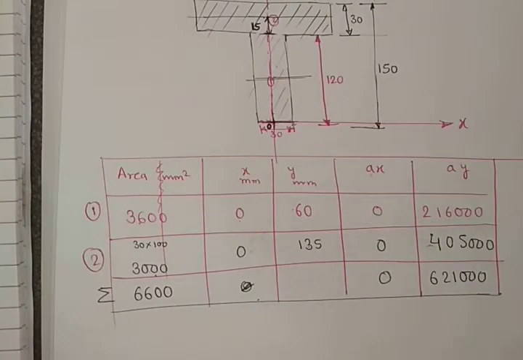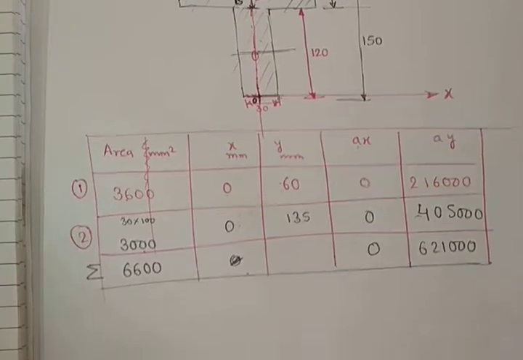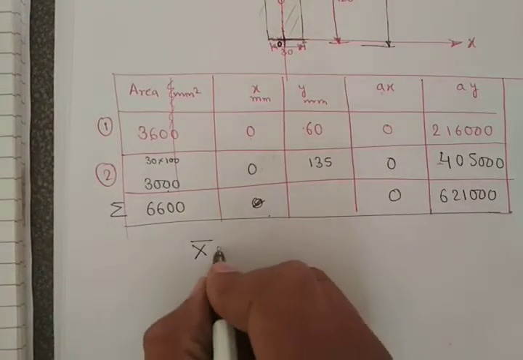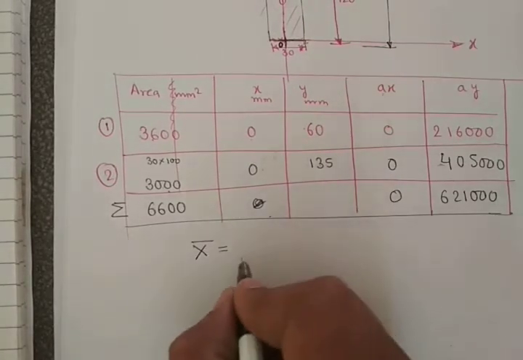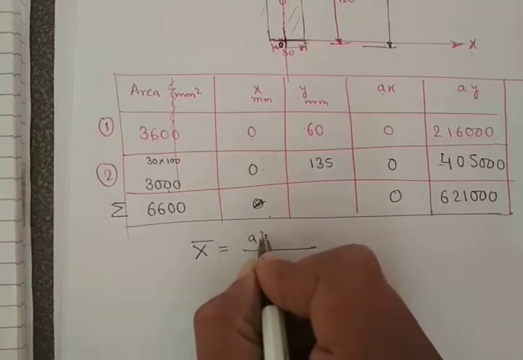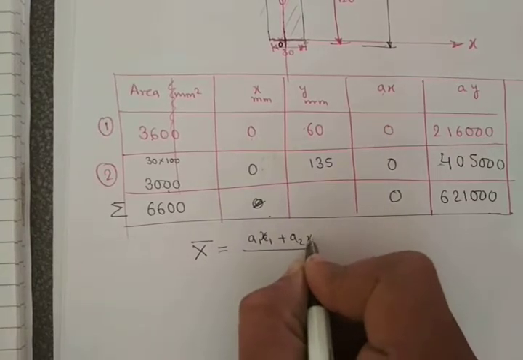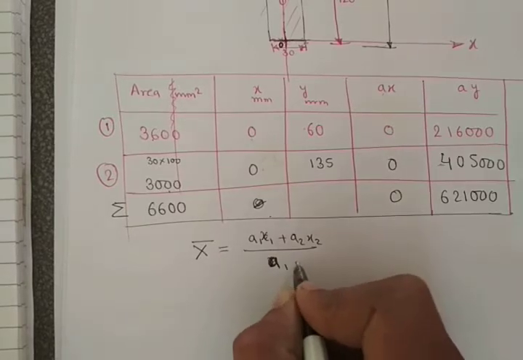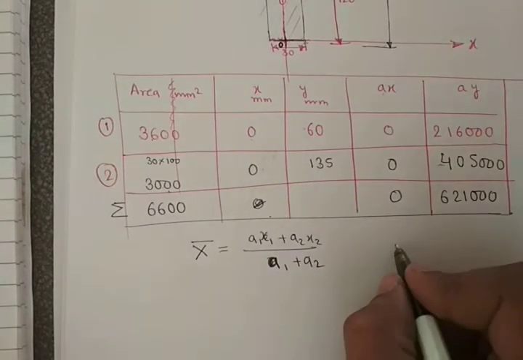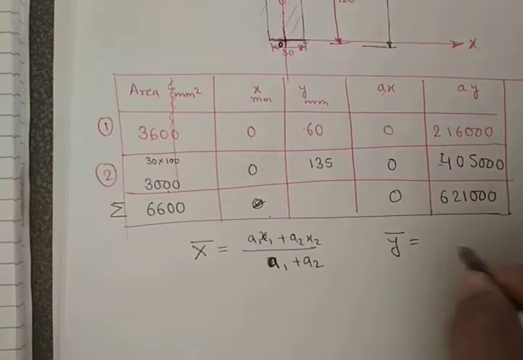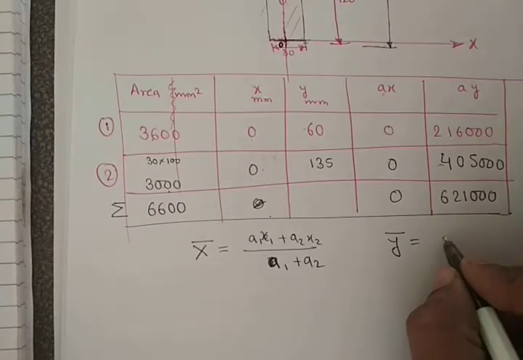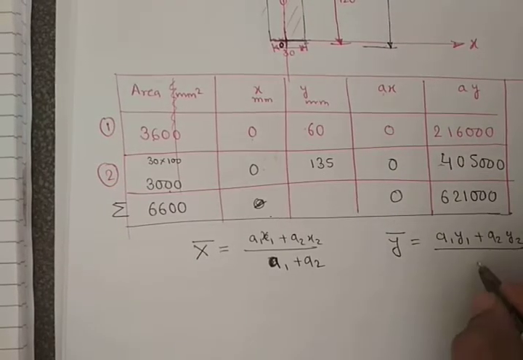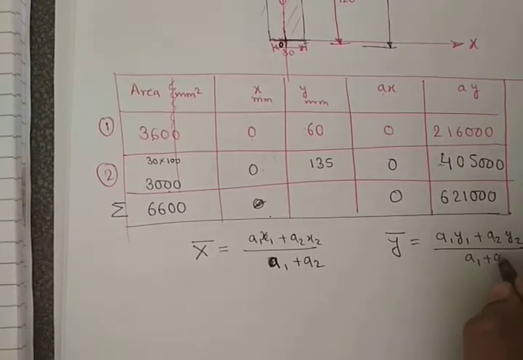Okay, now to find the centroid, what is the formula? In x we indicate that by x bar. X bar is nothing but a1 x1 plus a2 x2 divided by a1 plus a2, and for y, in the y direction, a1 y1 plus a2 y2 divided by a1 plus a2.